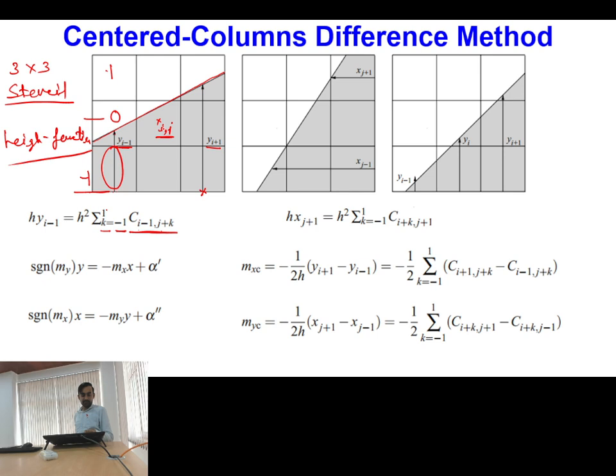With reference to this position, my extreme left column has become i minus 1, whereas the level in the y direction is initially j only, then 1 will be below this and 1 will be above this. So that's why j plus k is written and k is varied from minus 1 to plus 1.